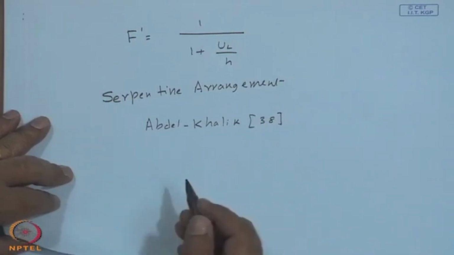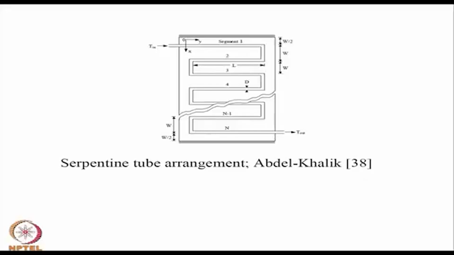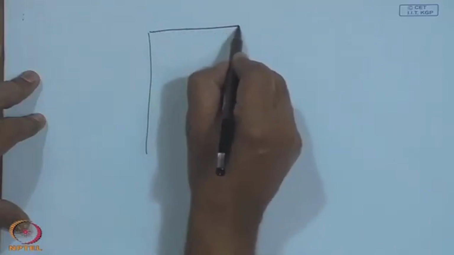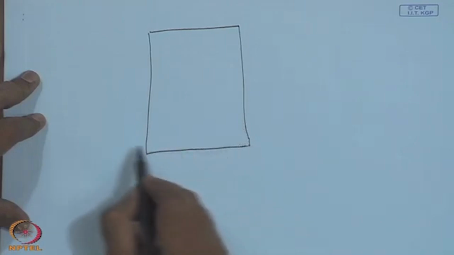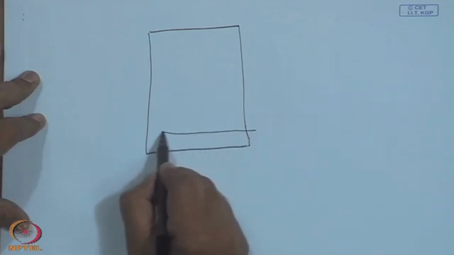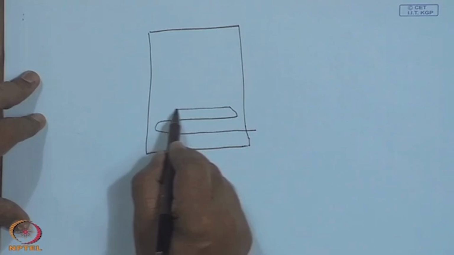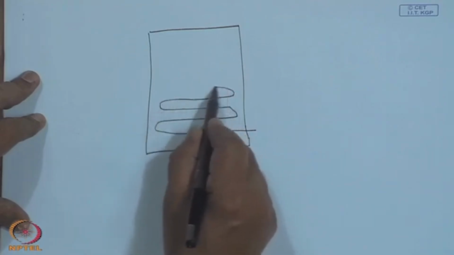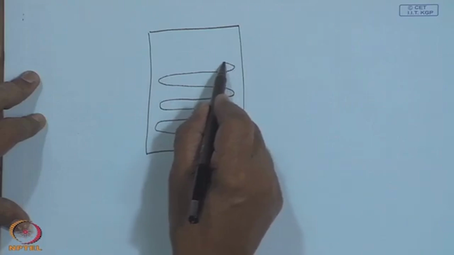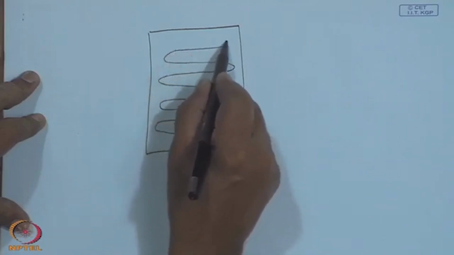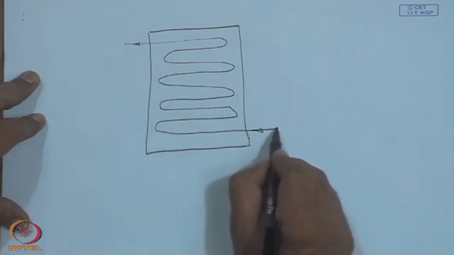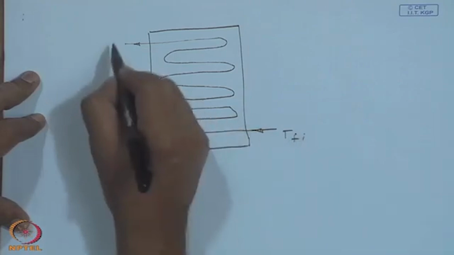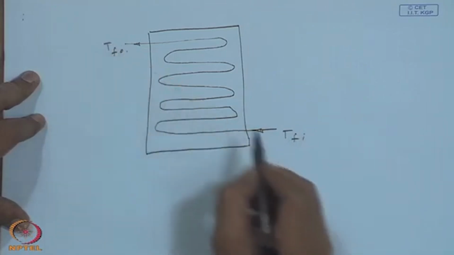Before this picture can be even simply shown, this is the absorber plate, and you have a tube in serpentine fashion, so this will be the entry point with the temperature Tfi and goes out at Tfo.